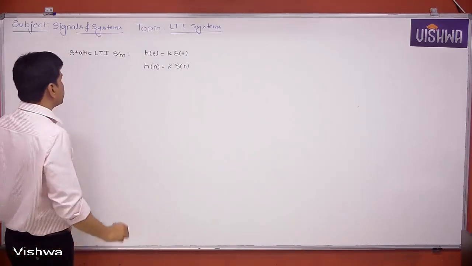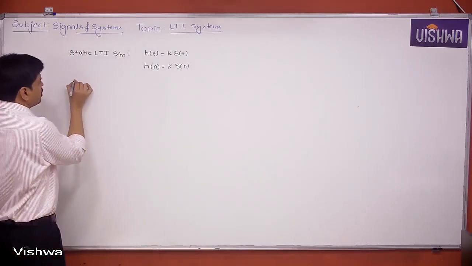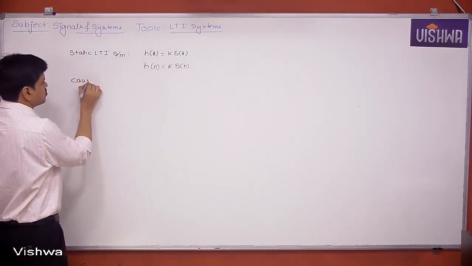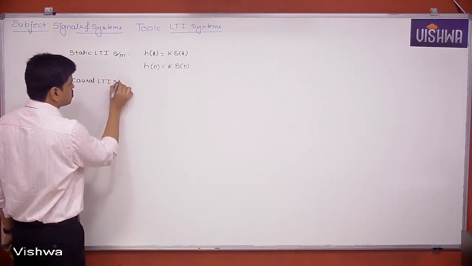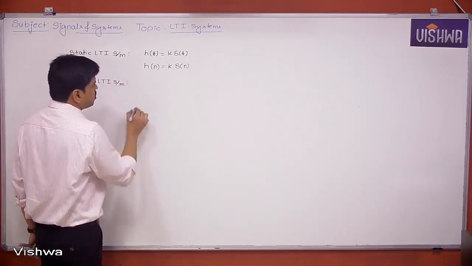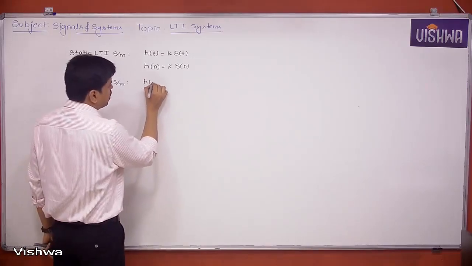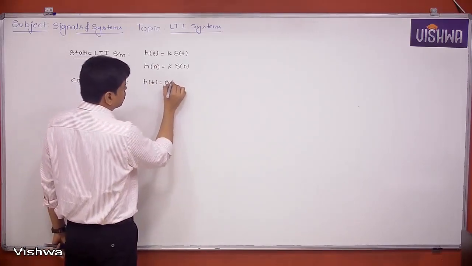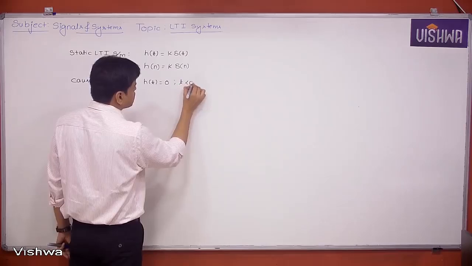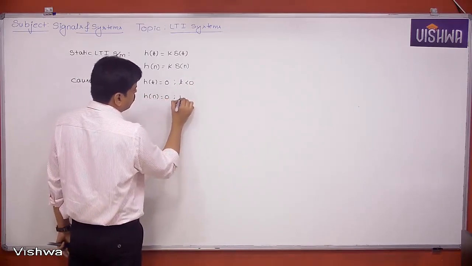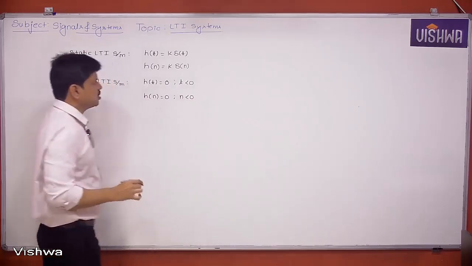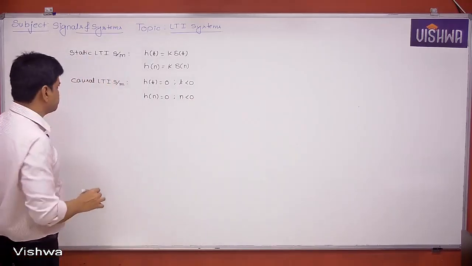So this is what the static LTI system is. And if it is a causal LTI system, then we can say h of t is equal to 0 for t less than 0, h of n is equal to 0 for n less than 0. These are the things what we have seen.